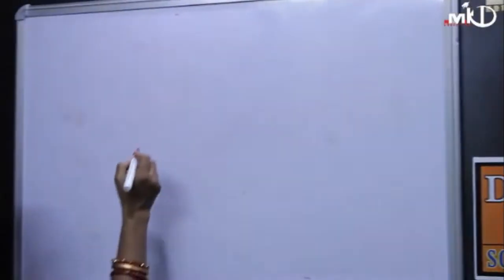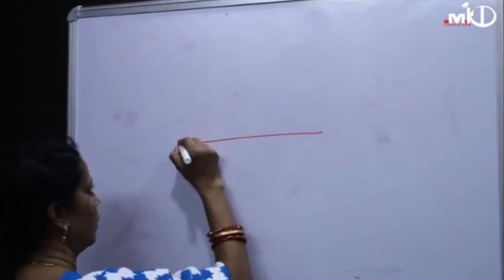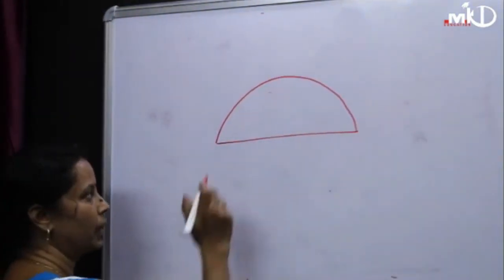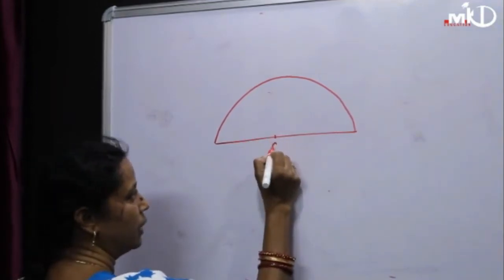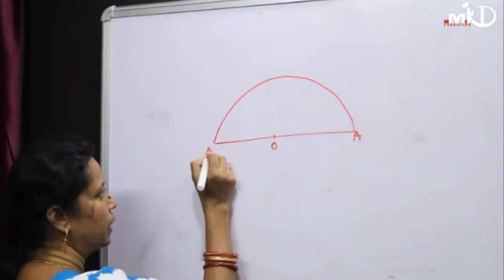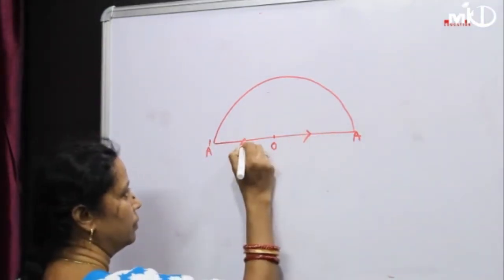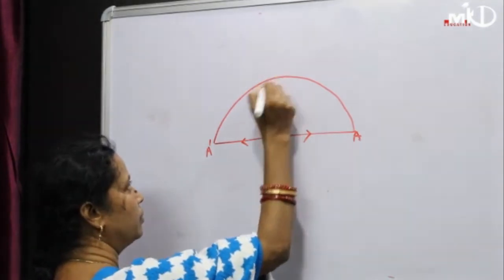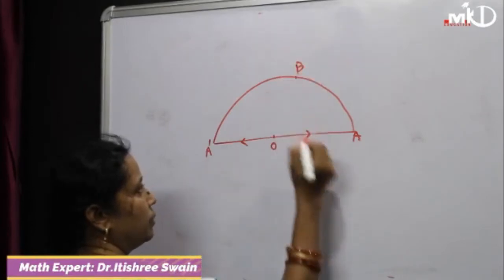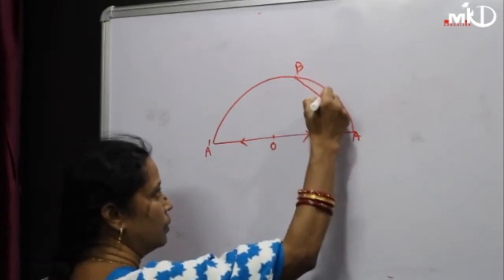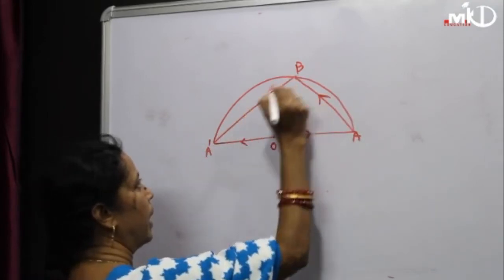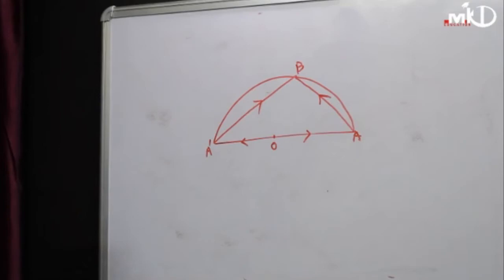So see friends, this is a semicircle and this is the center, suppose O, this point is A and this point is A dash, and now suppose here is a point B. So we have the AB vector and this is the A dash B vector.